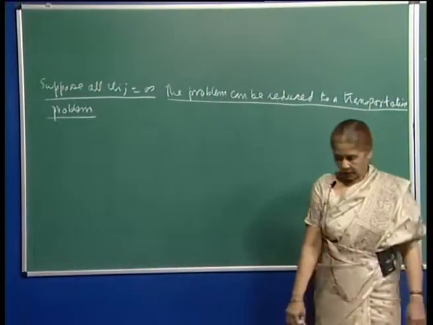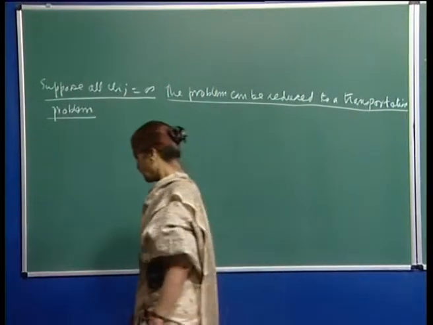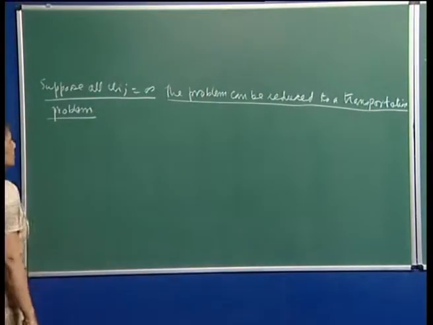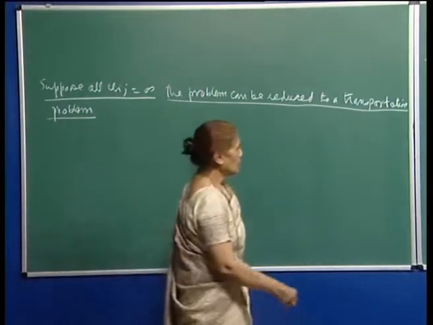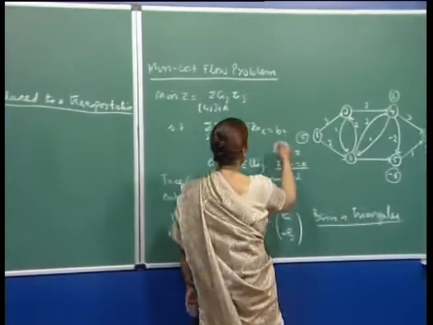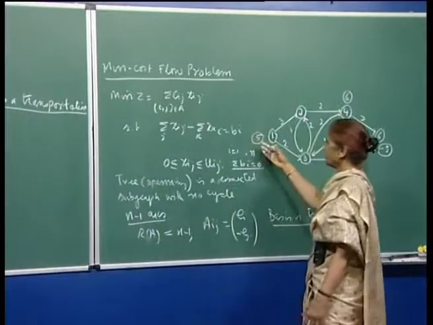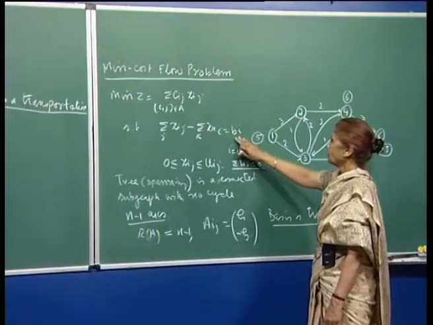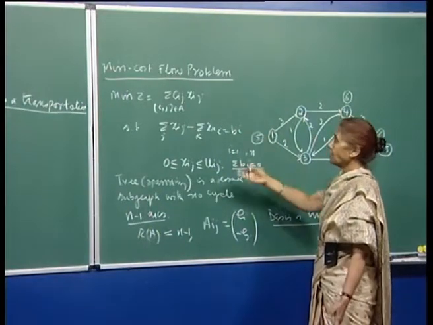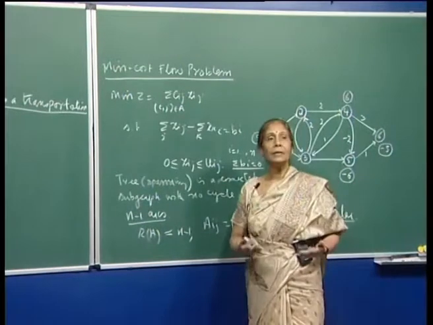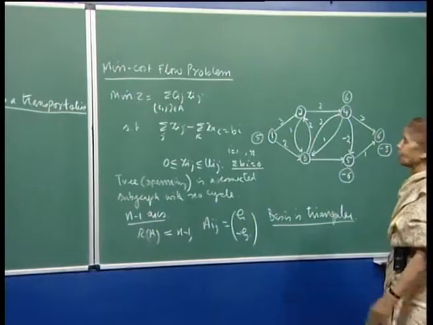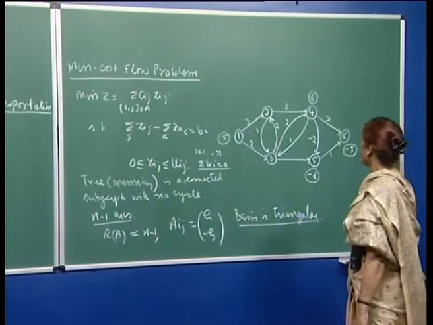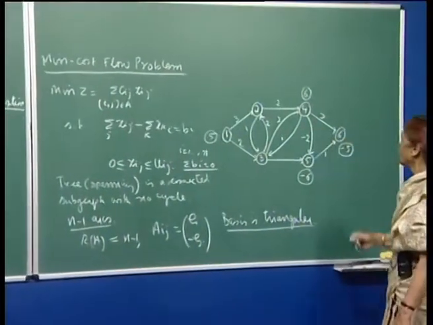What you can do is, it's possible that some bi's may be 0, and it's a very general case. So, some nodes may not have any supply or any demand. We call them transshipment points also. For example, I have drawn this graph for you.